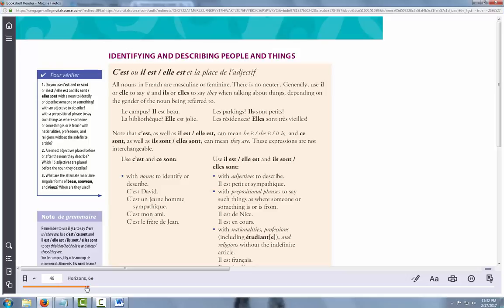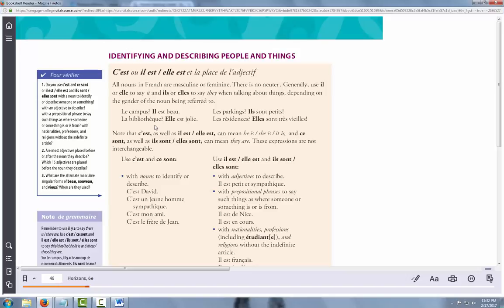So if we go back out there to page 48 now, with c'est, il est, now we are using the definite articles, and since we went over them, you know what they mean now. Les parkings, ils sont petits. The parking lots, they are small. You use the ils to refer to les parkings because it's masculine plural.